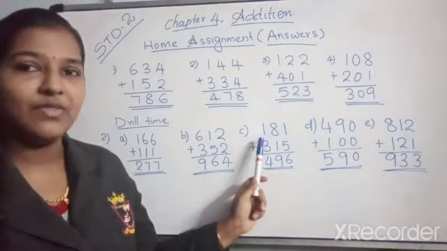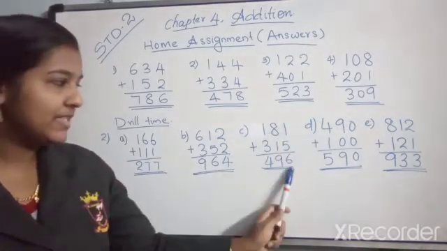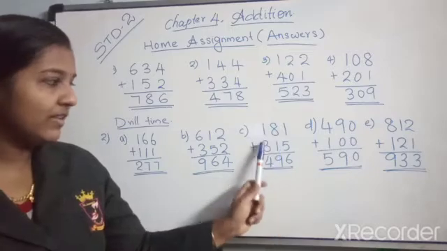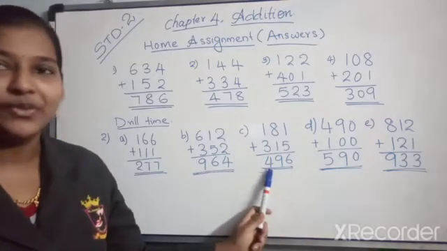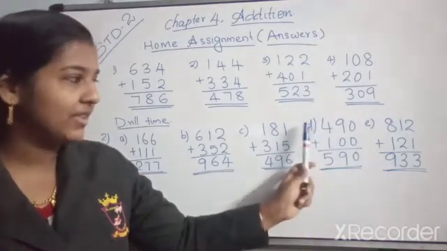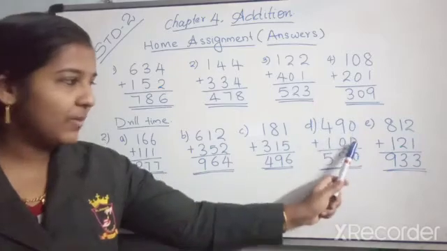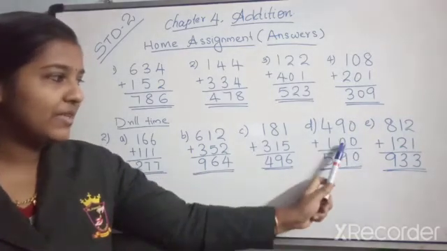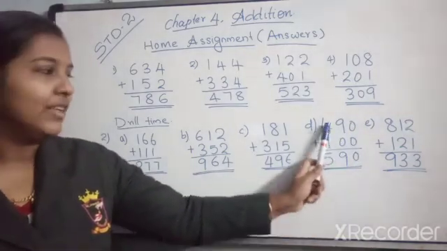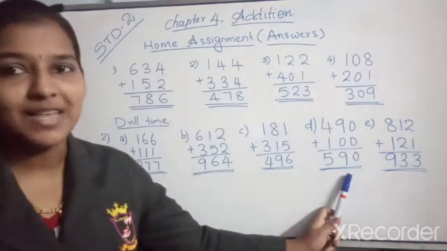Now next question, 181 plus 315. 5 plus 1, 6. 8 plus 1, 9. 3 plus 1, 4. So 496 is the sum. Now come to the next question. 490 plus 100. So 0 plus 0, 0. 9 plus 0, 9. Then 4 plus 1, 5. So 590 is the sum.